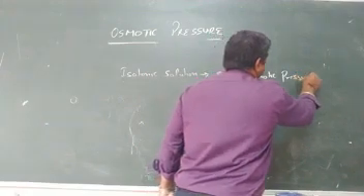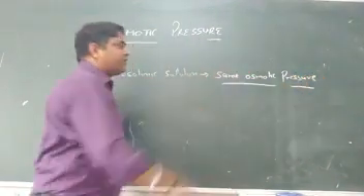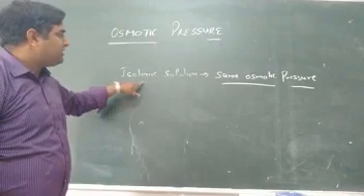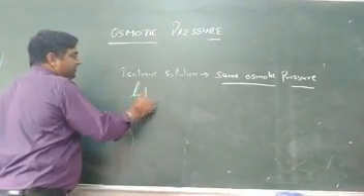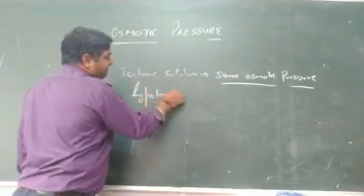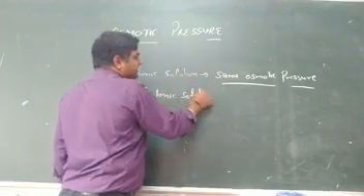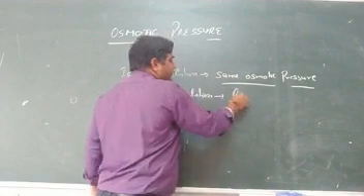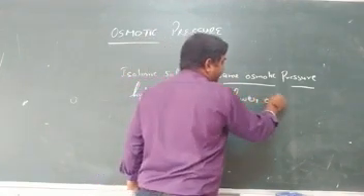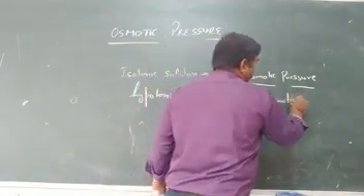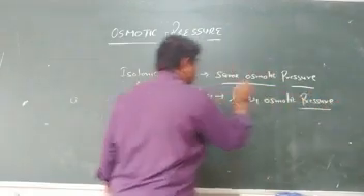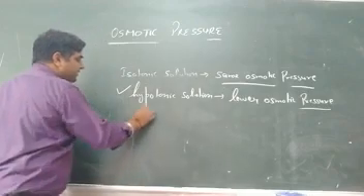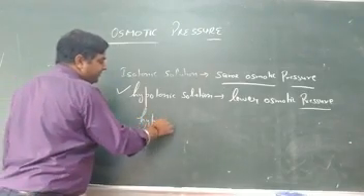Then we have a hypotonic solution. Solution with lower osmotic pressure is called hypotonic, and the third is hypertonic.